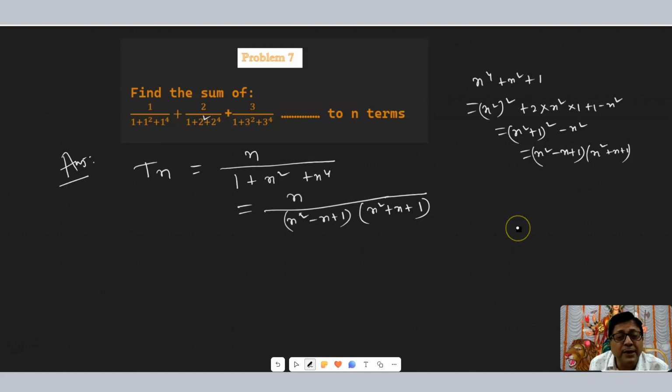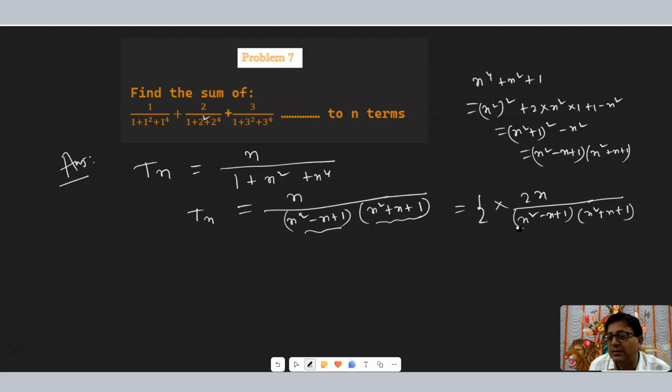First thing, I observe that this one is going to be the difference of these two, isn't it? N square plus n plus 1 minus this, if you do, the difference is 2n, not n. Okay, I agree, this is 2n. So you make it half into 2n, this by n square plus n plus 1.